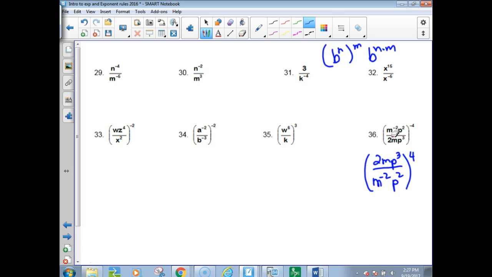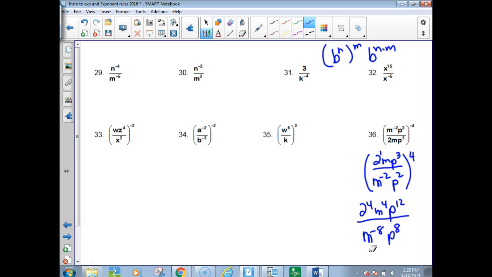I flipped over the fraction, the reciprocal, so I could change it to a positive 4 power. Are you guys with me now? All right, now I'm going to raise all of these to the 4th. So it's going to be 2 to the 4th, m to the 4th, p to the 12th. I multiplied. Don't forget to do the 2. Now multiply on the bottom: m to the negative 8, p to the 8.